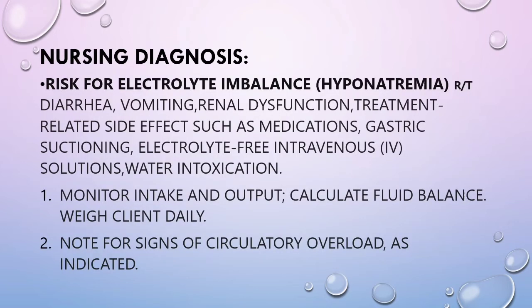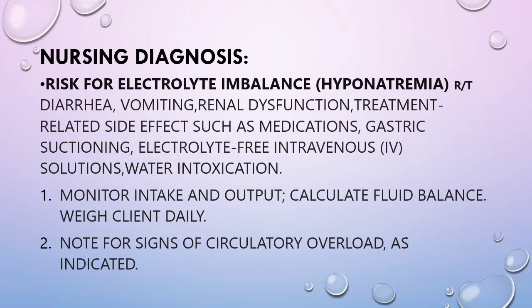For the nursing diagnosis, first is risk for electrolyte imbalance or hyponatremia related to diarrhea, vomiting, renal dysfunction, treatment-related side effects such as medication, gastric suctioning, electrolyte-free intravenous solution, and water intoxication.